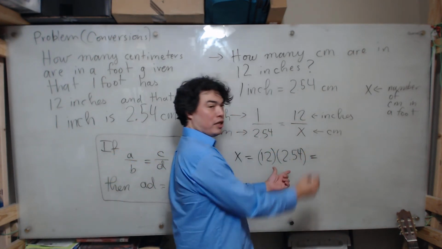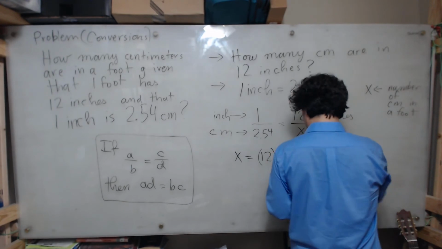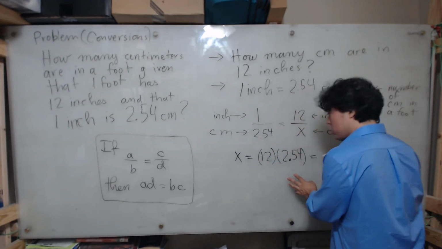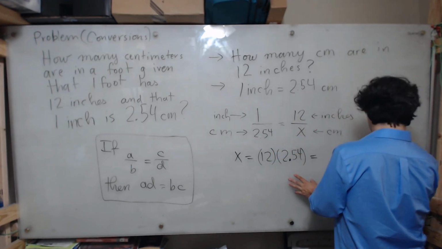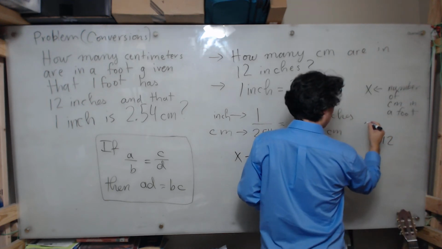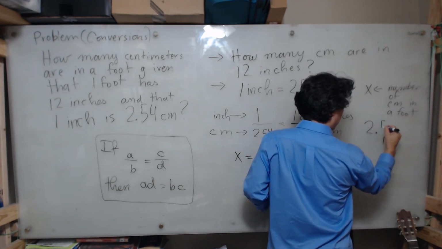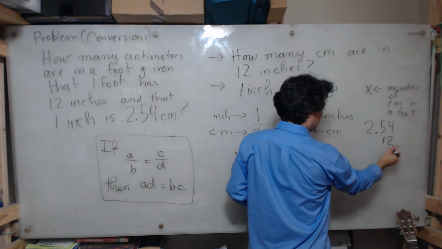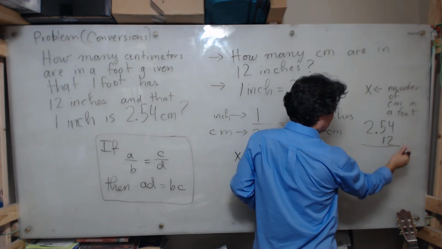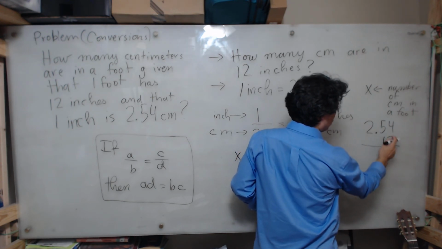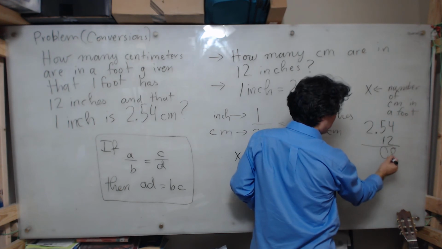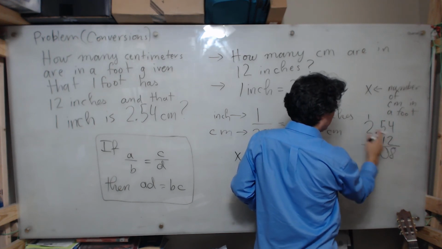I'm going to do this multiplication over here. Twelve times 2.54. 2 times 4 is 8. 2 times 5 is 10. I'm going to bring down the 0, carry the 1. 2 times 2 is 4.